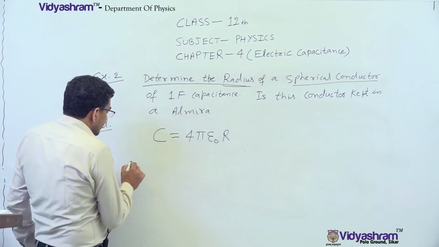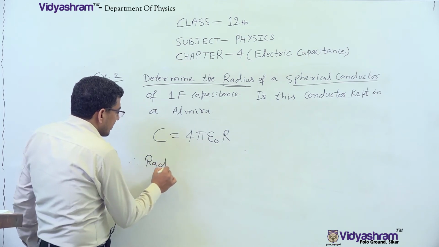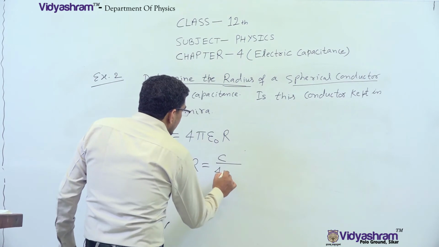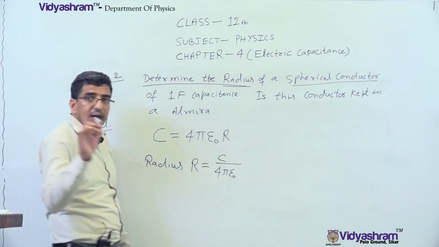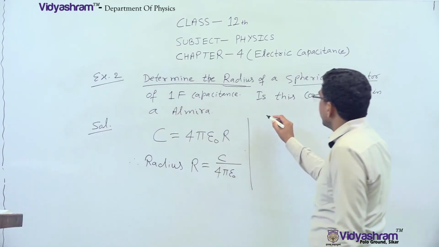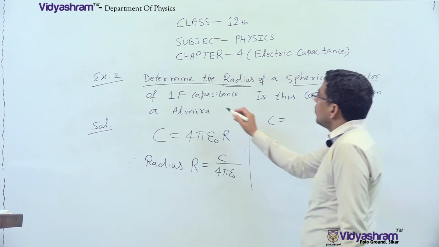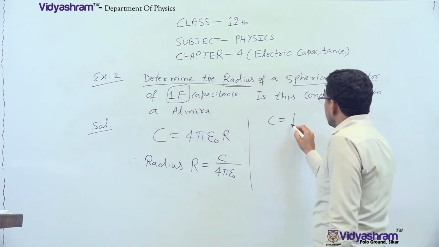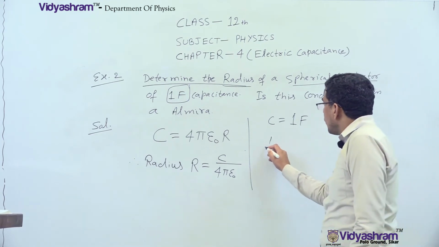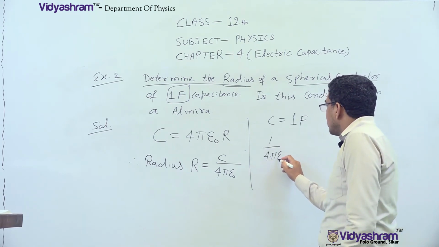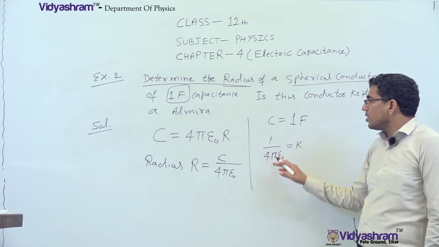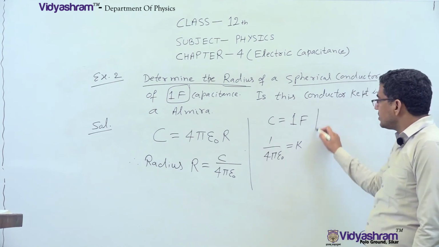Therefore the radius R is equal to C upon 4 pi epsilon naught. Here it is given that C is equal to 1 farad. And 1 upon 4 pi epsilon naught is K. Okay students.